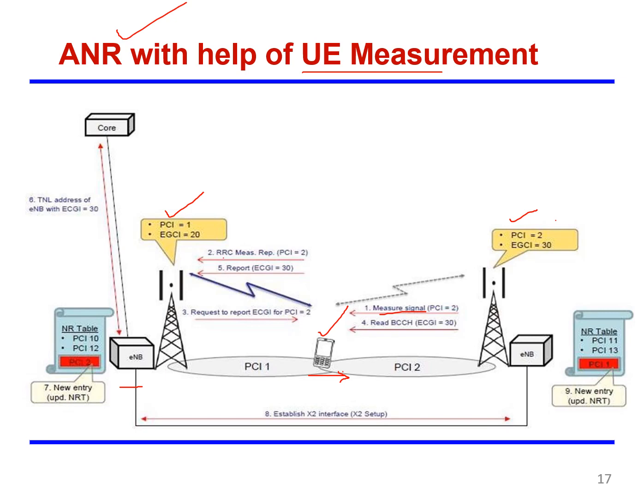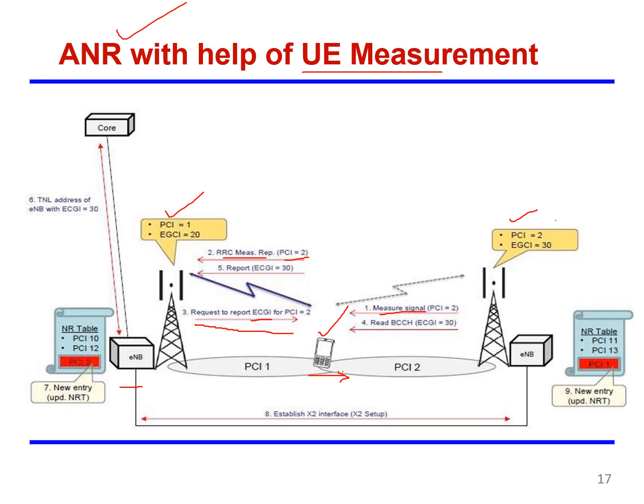The PCI will be put in the RRC uplink measurement report. It will be sending the report to the network, and what will happen? The network will report back to the mobile phone, and it will ask for the ECGI. ECGI means the cell global identifier.